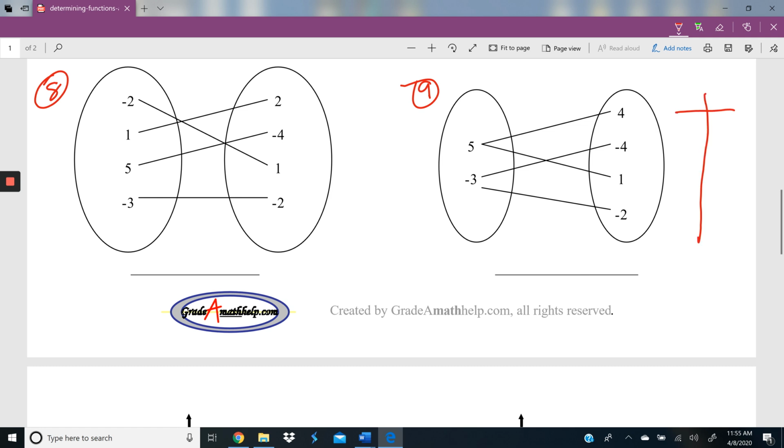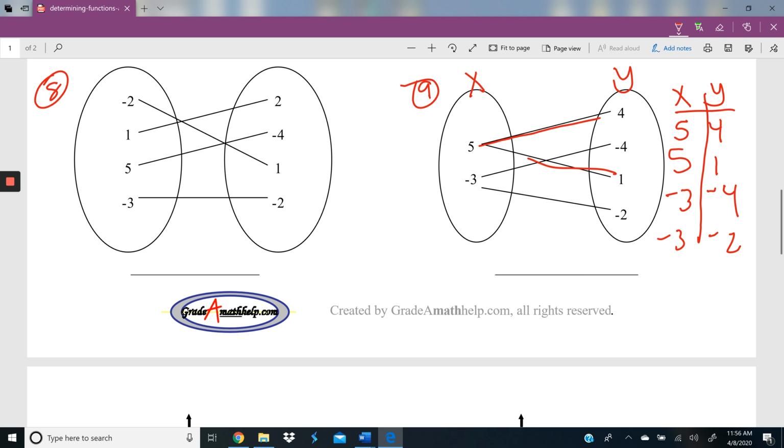We're going to map the numbers on the x side with the y side. We're also going to write the numbers down. The 5 goes with the 4. Another 5 goes with 1. The -3 goes with -4. And another -3 goes with -2.